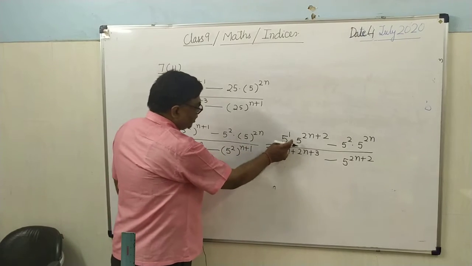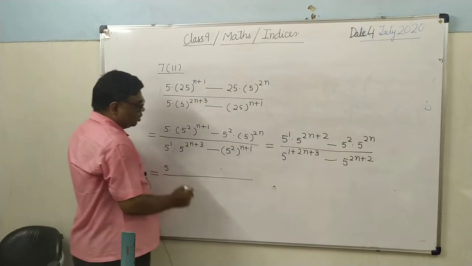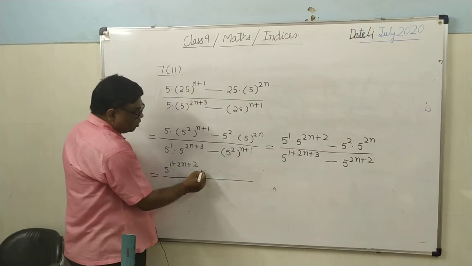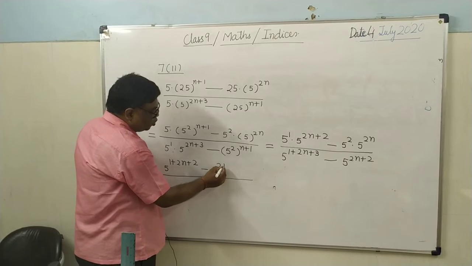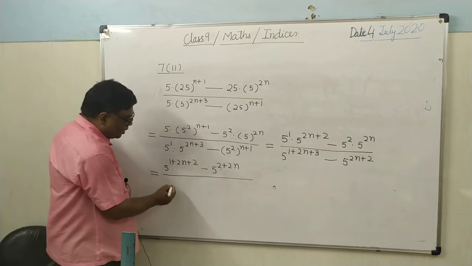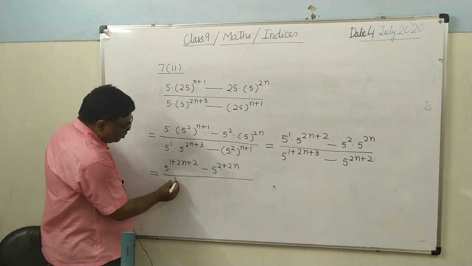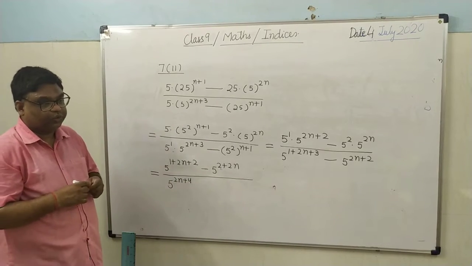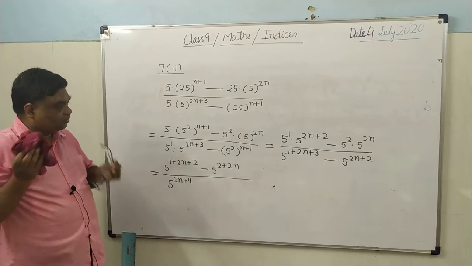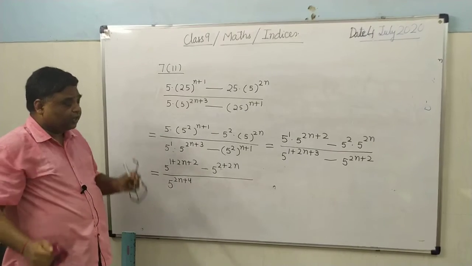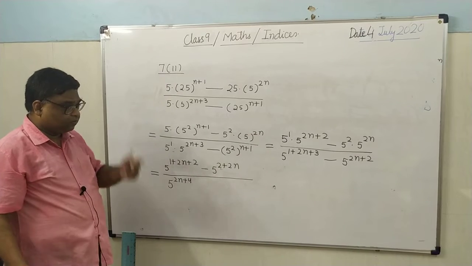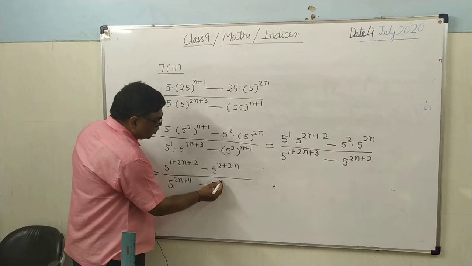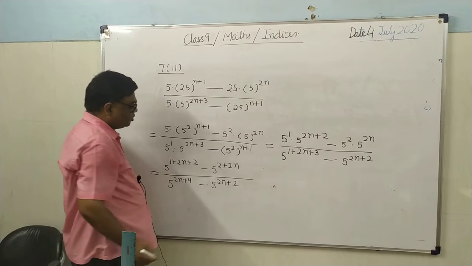Bases are the same and there is a product in between, so it is 1 plus 2n plus 2, minus 5 to the power 2 plus 2n, divided by 5 to the power 2n plus 4. We will not write 4 plus 2n; we will write 2n plus 4. It's clear? Minus 5 to the power 2n plus 2.